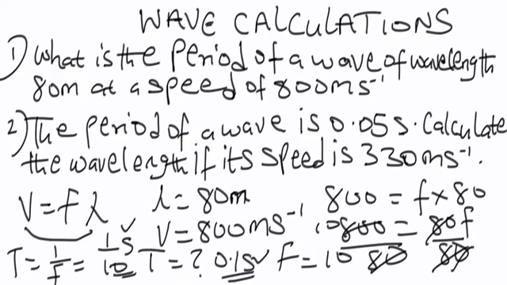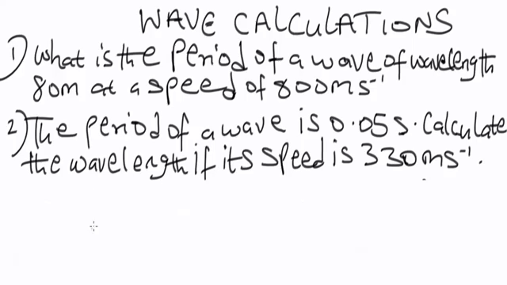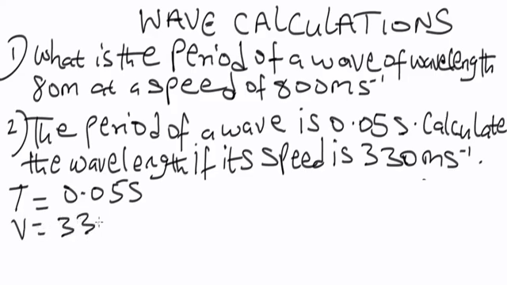Let me wipe below. Okay, so question 2 says the period of a wave is 0.05 seconds. Calculate the wavelength if its speed is 330 meters per second. Okay, so let's get the parameters. We have the period of time to be 0.05 seconds. We have the velocity to be 330 meters per second.